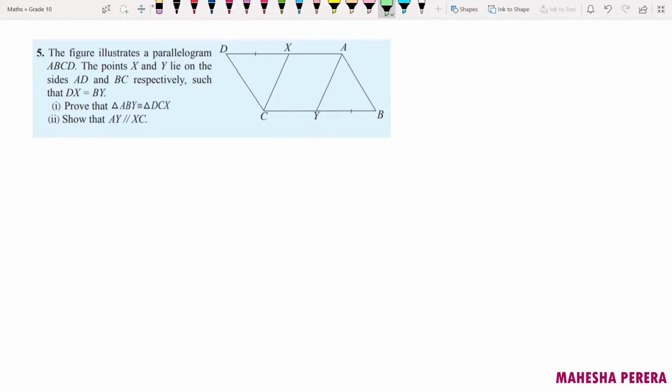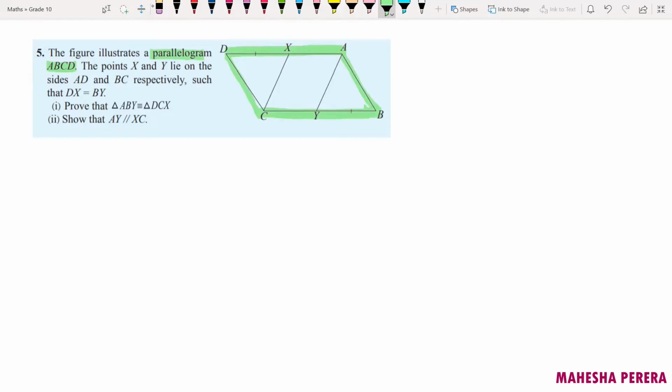The figure illustrates a parallelogram ABCD. ABCD is a parallelogram, right? This figure is a parallelogram. Now you should recall the properties of a parallelogram.